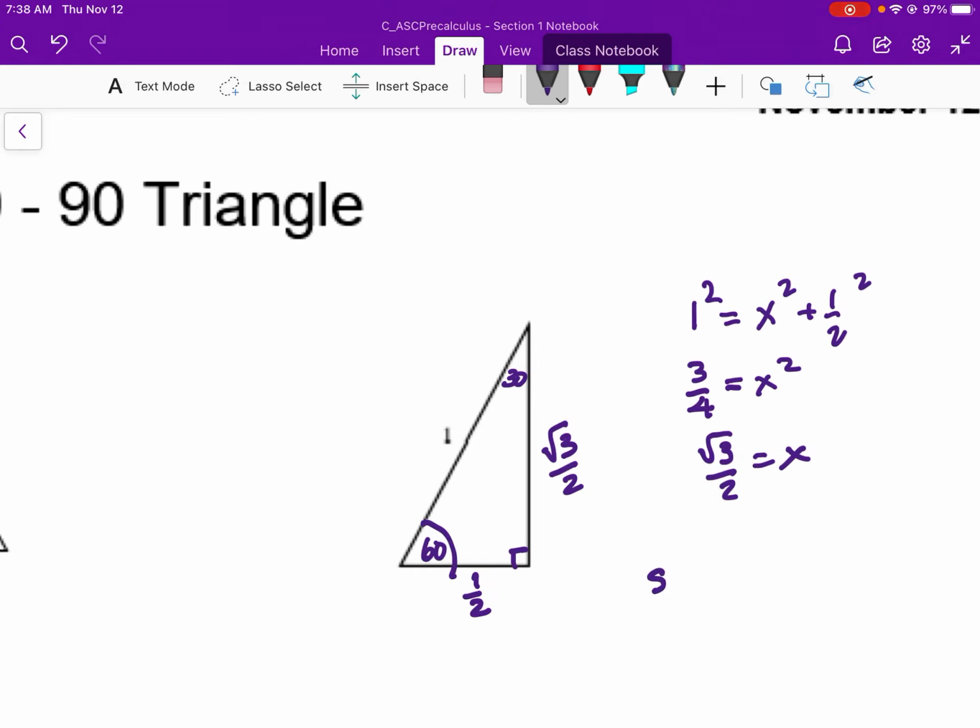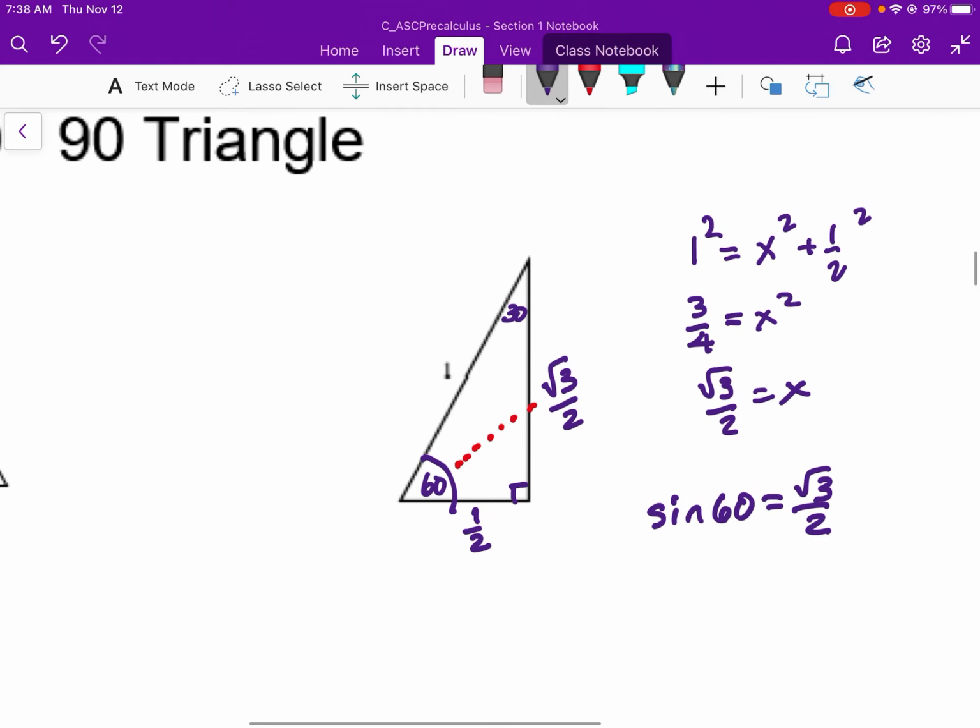So if I look at the sine of 60, 60 is opposite over hypotenuse. Well, opposite for 60 is the square root of 3 over 2, over 1, which is just the square root of 3 over 2. The cosine of 60 is adjacent over hypotenuse, which is 1/2 over 1, or just 1/2.